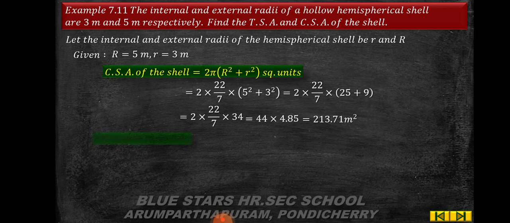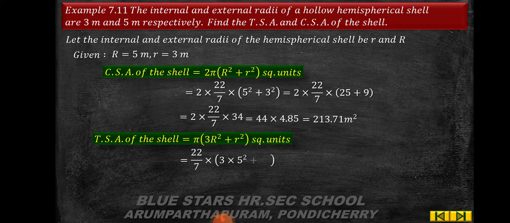which is equal to 213.71 meter square. Therefore, TSA of the shell is equal to pi into 3 capital R square plus small r square units, which is equal to pi value is 22 by 7 into 3 into capital R square is 5 square plus small r square is 3 square, which is equal to 22 by 7 into 3 into 25 plus 9, which is equal to 22 by 7 into 75 plus 9, which is equal to 22 by 7 into 84.